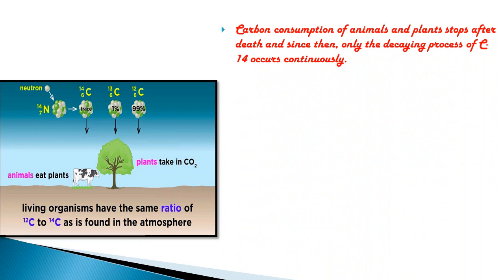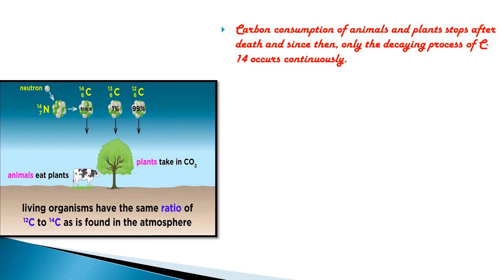Now, carbon consumption of animals and plants stops after death. That means when we are alive we absorb carbon, but after death the carbon consumption stops, and since then only the decaying process of carbon 14 occurs continuously.